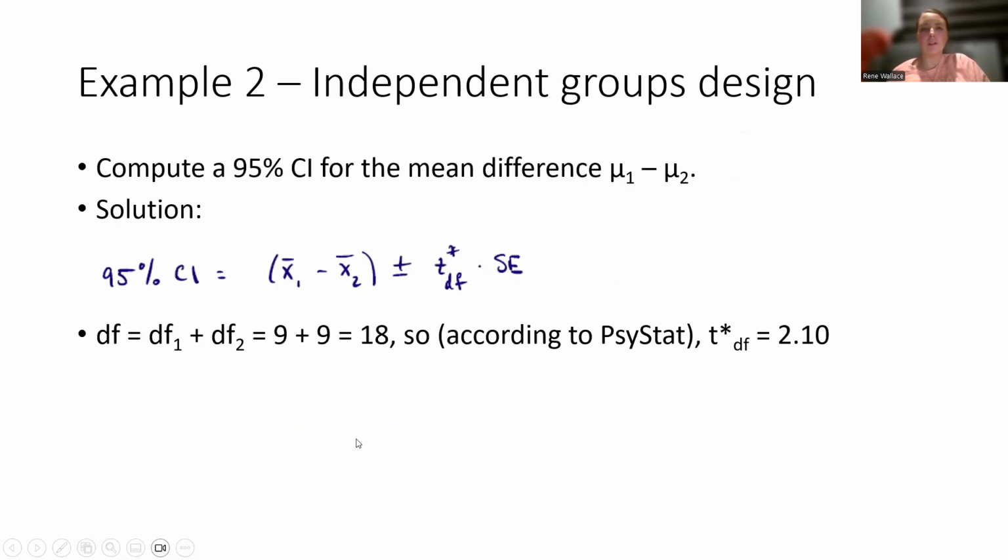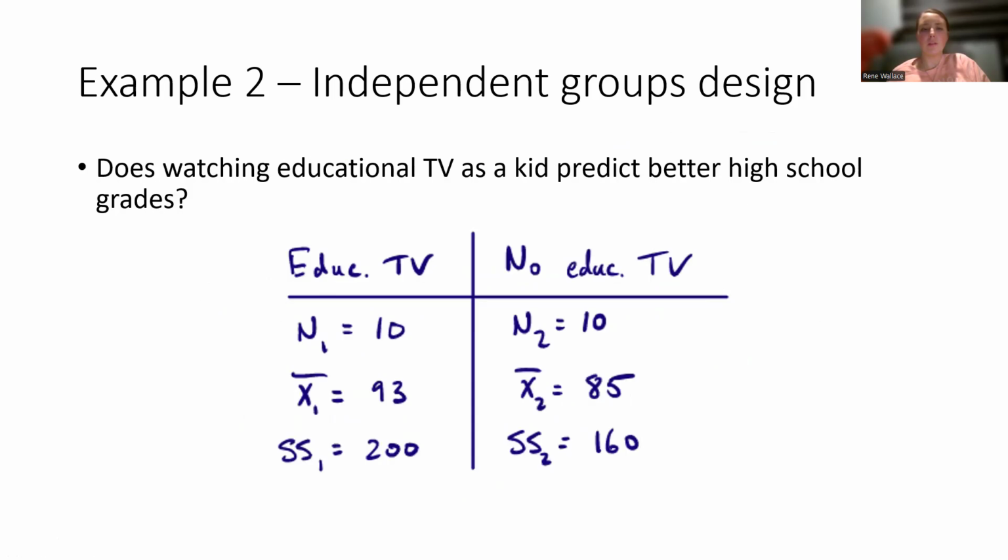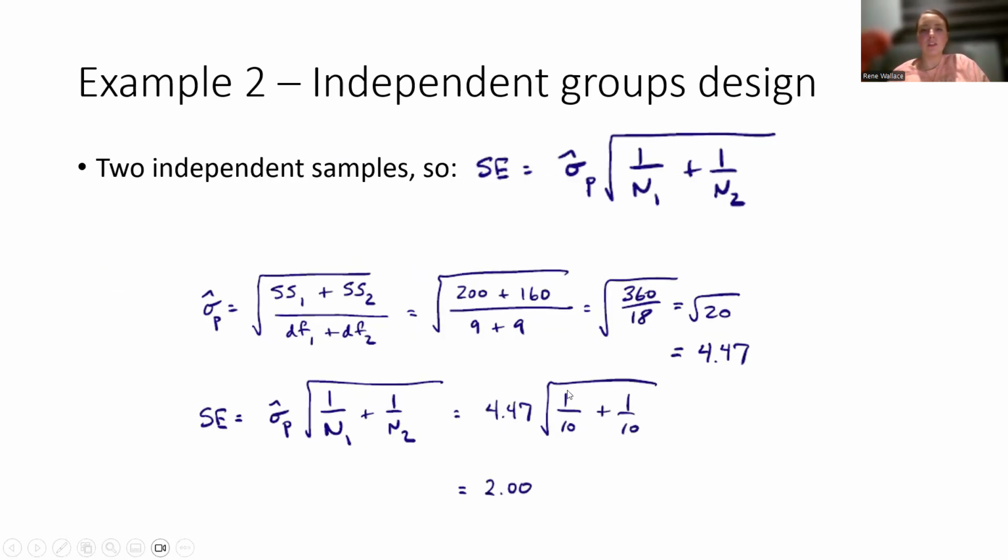Let me go back. Okay, so this is N1 and N2 is 10. This is not mu down here. This is standard error equals sigma hat P times the square root of 1 divided by N1 plus 1 divided by N2. So that's the number.